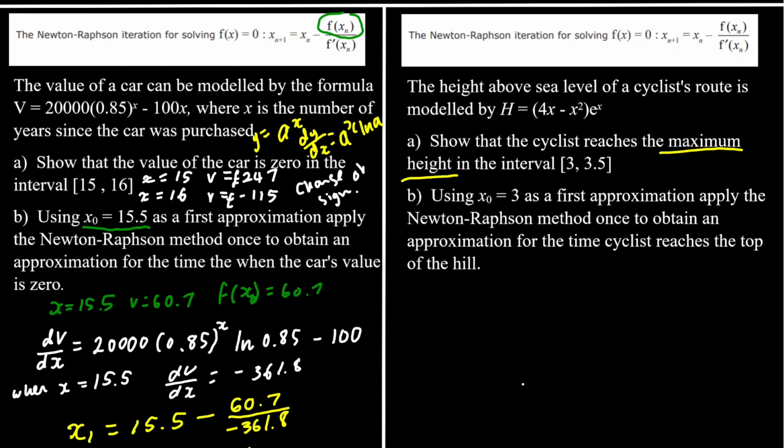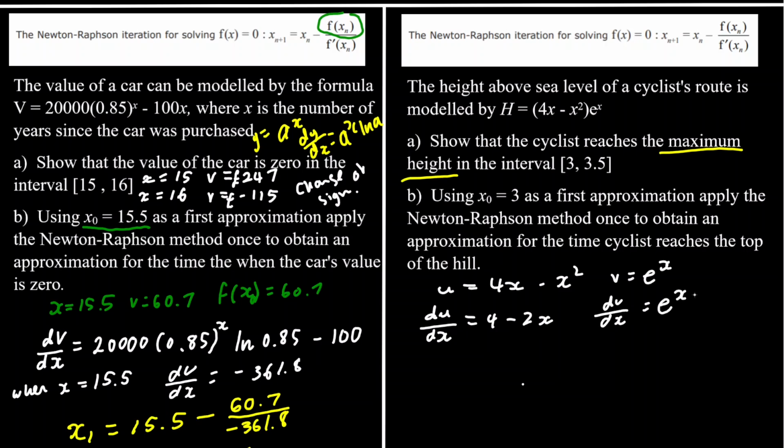Probably the best thing to do is use the product rule. So u is 4x minus x squared. v is e to the power of x. So du/dx is 4 minus 2x, and dv/dx is e to the power of x.